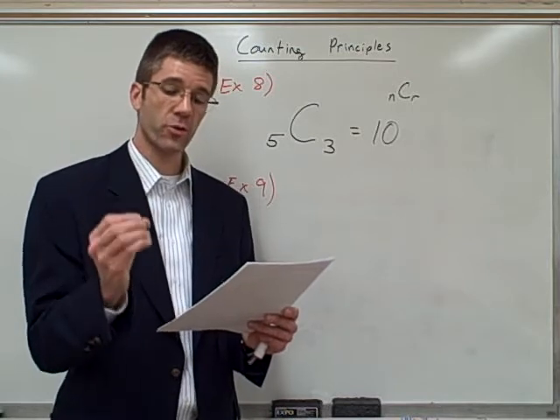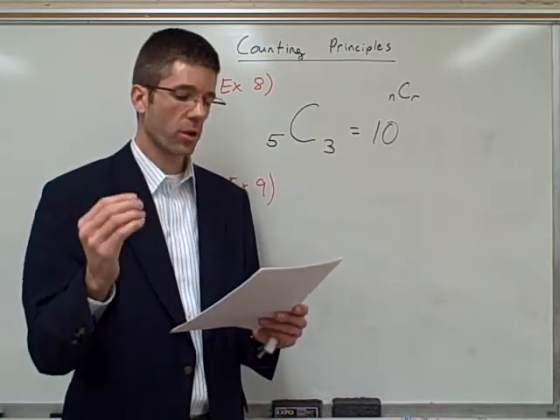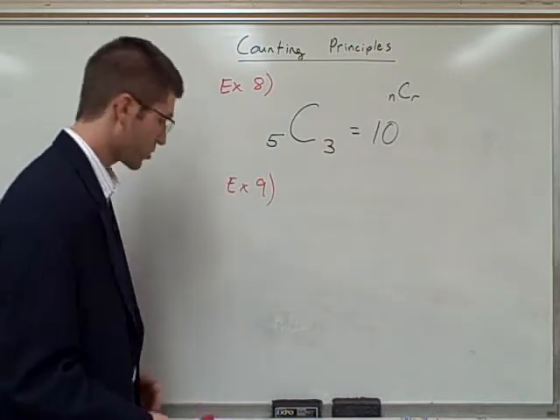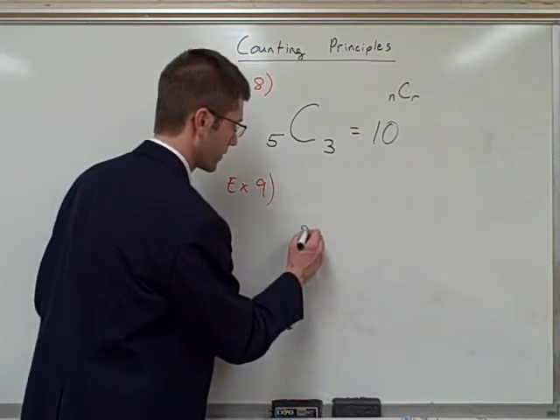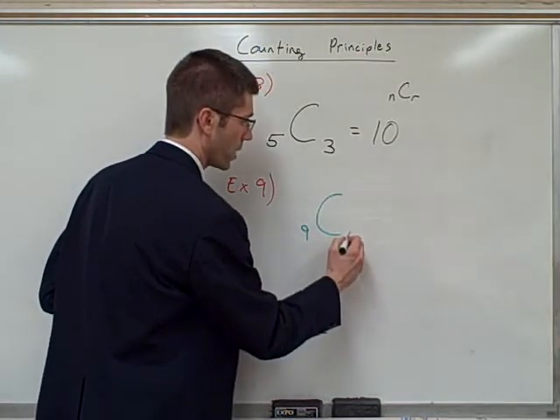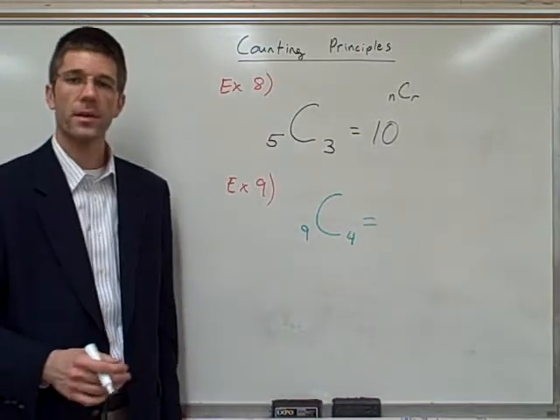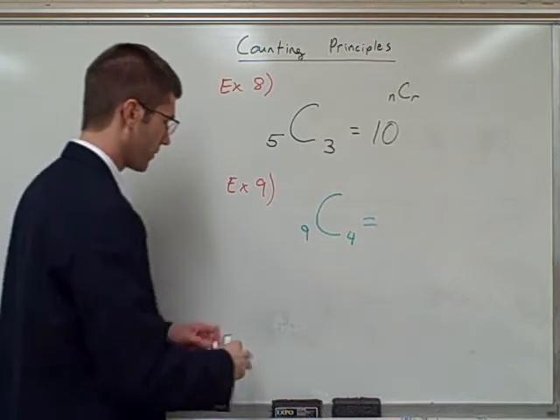How many different groups of 4? Order is unimportant. How many different groups of 4 are possible for the butterfly room? We have a large group of 9. We have a small group of 4. You can type that in your calculator. Press 9 first. I want to write down the steps for the calculator.